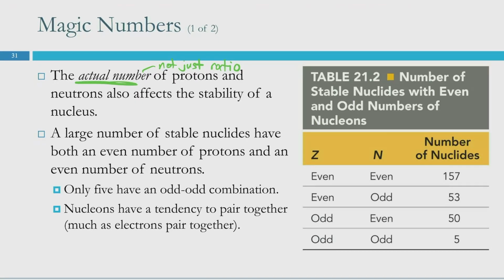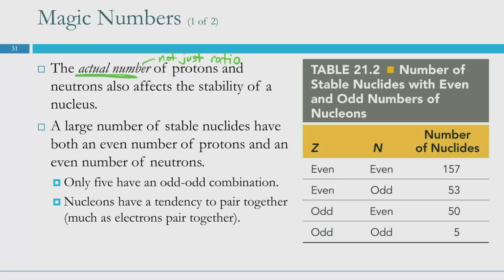A large number of stable nuclides, aka non-radioactive nuclides, have both an even number of protons, our protons here being Z and our neutrons being N. And we've got pairings of both being even, one being even, the other being odd, and both being odd. We've got the most stable nuclides with an even number of protons and an even number of neutrons. Only 5 stable nuclides are known which have odd numbers of protons and neutrons.